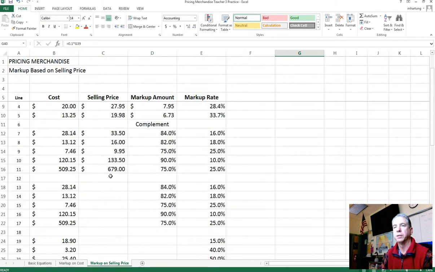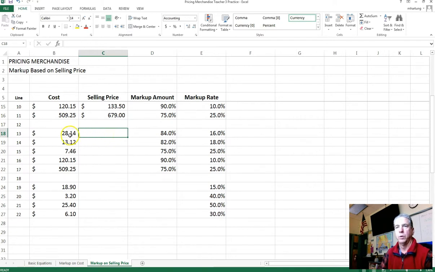So let's see how this is going to work out. Let's do some practice here. So here's our cost. Here's the complement of our markup rate of 16%. So in order to calculate the selling price, we are going to divide the cost by the complement. Equal sign, cost divided by the complement of 16%.